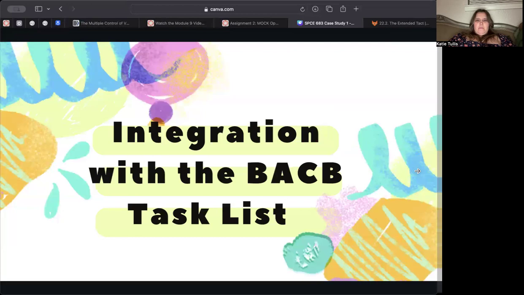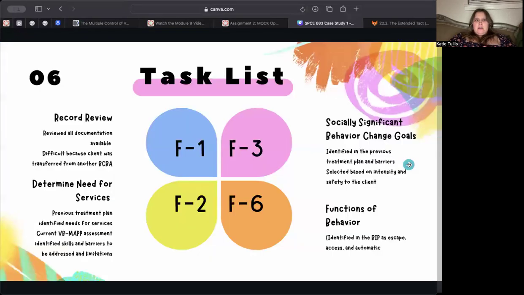So, integration with the BACB task list: the record review. I reviewed all of the documentation available. This was actually pretty difficult because he was a transfer from another center, so we were working on some of the skills from the last treatment plan and wrapping those up while also targeting some things that we feel we need to work on.